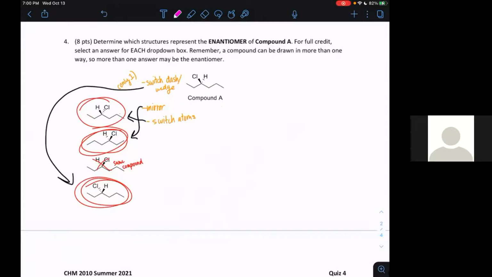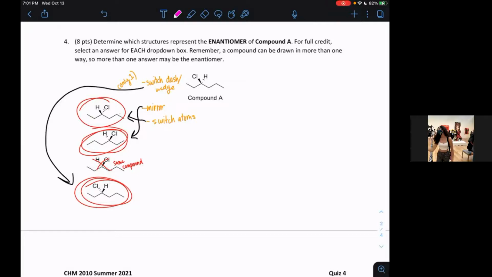Because on page 7, at the bottom, it tells you how to draw the enantiomers, and you would use any of those 3 methods. The ones that we circled are each of those methods, and that's the different way you could draw the one enantiomer.